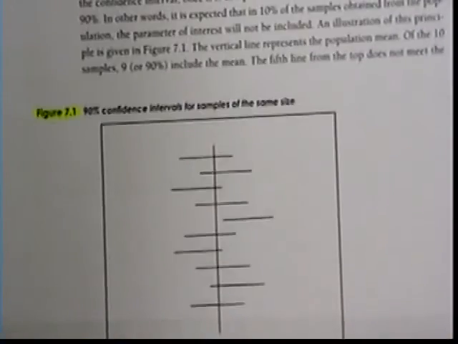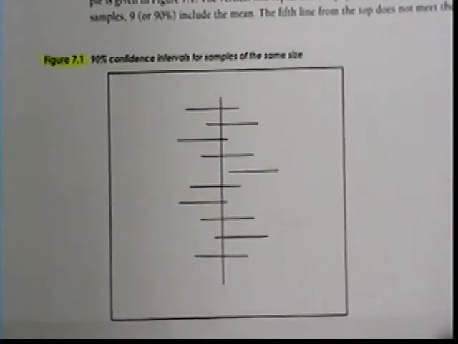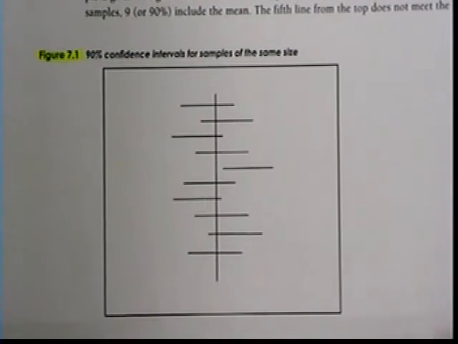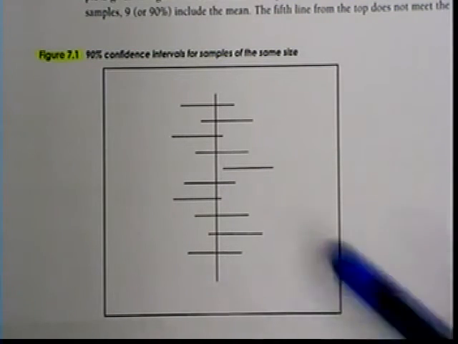Now, it's important for us to truly understand what the confidence interval means. This is based on a confidence interval of 90%. It's a little bit easier to work with, since it only has 10 lines here.